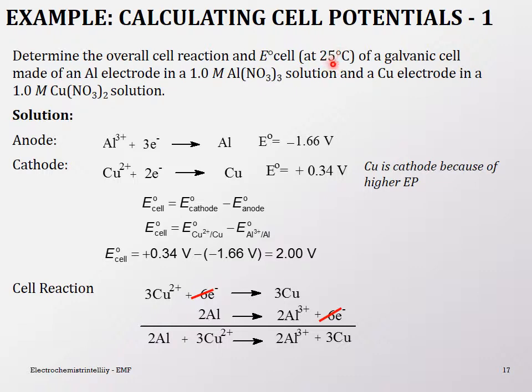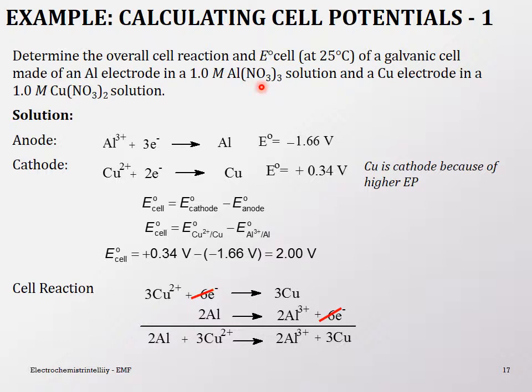Here is the standard temperature, 25 degrees Celsius, of a galvanic cell, which is made of an aluminum electrode and a copper electrode, and both of these are standard solutions, 1 molar solutions. If you're not told that, then assume that they're all standard unless the problem itself is about concentrations, which we have not done yet.